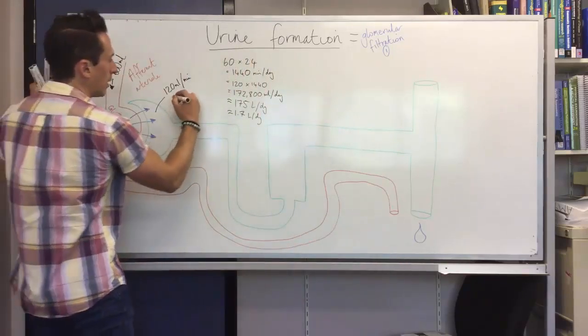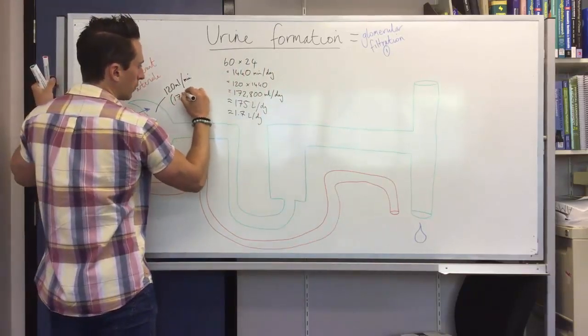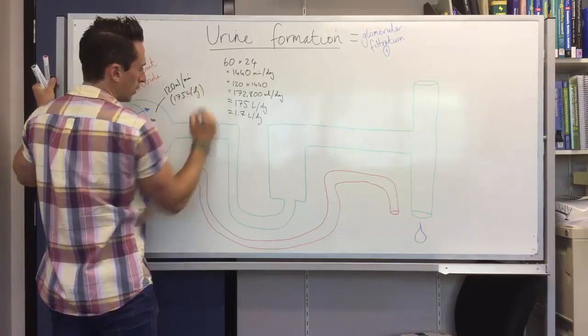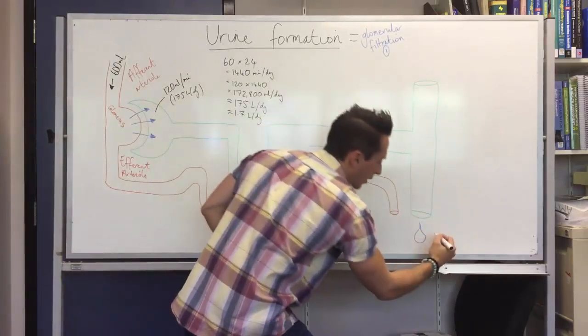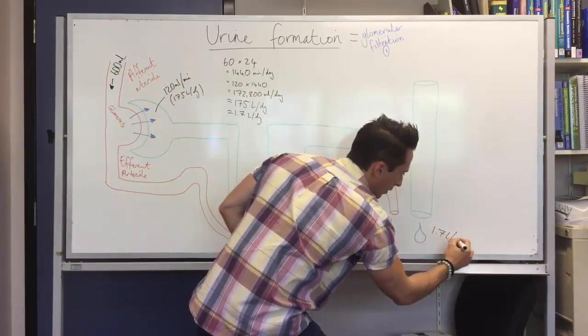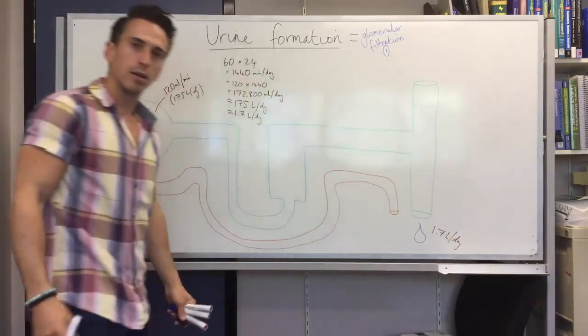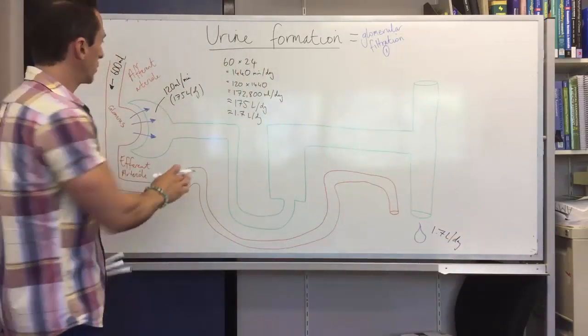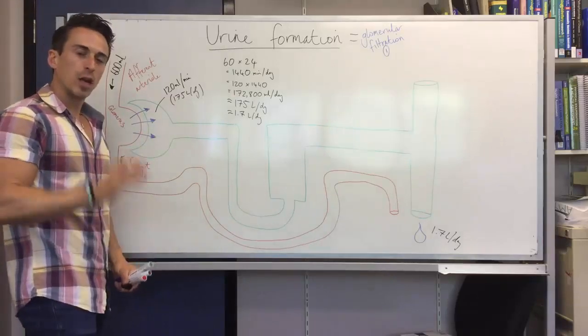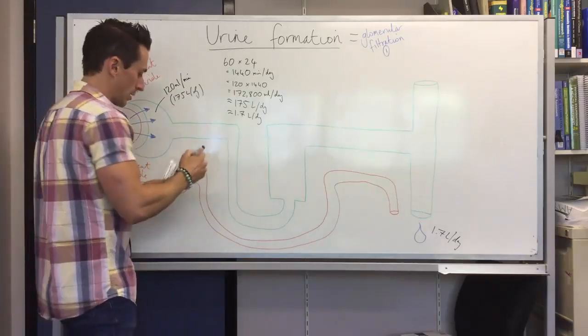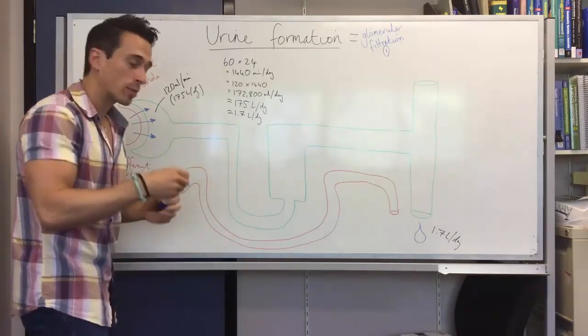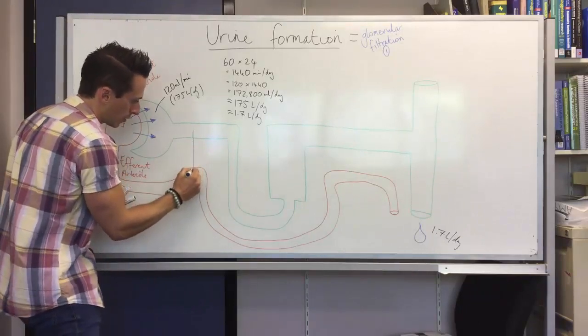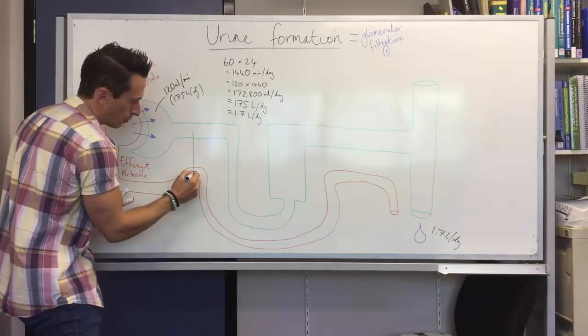So let's just say here, 175 litres per day, or by the time it gets to here, it's only 1.7 litres a day. So what does that mean? That means of everything you've filtered, 99% of it goes back into your blood, back into your body.